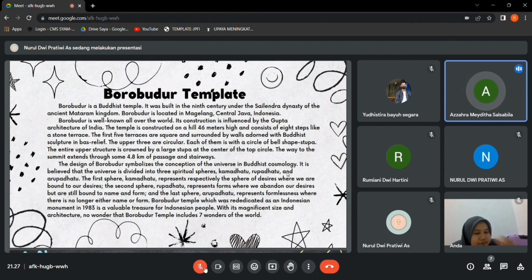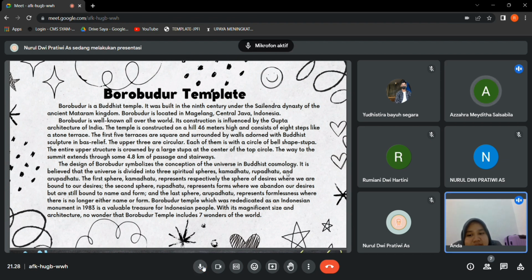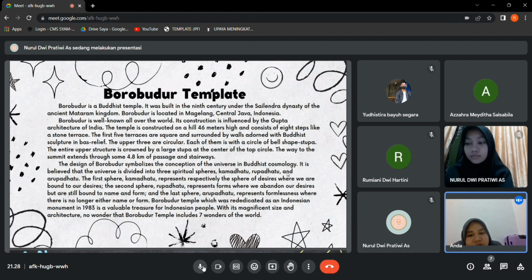Okay, thank you, Reski. And the next question is, what concept does the design of Borobudur symbolize? You can answer. The design of Borobudur symbolizes the conception of the universe in Buddhist cosmology.